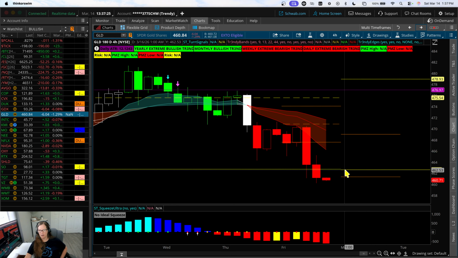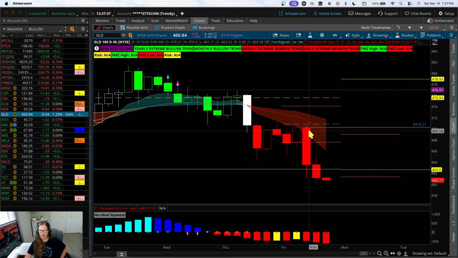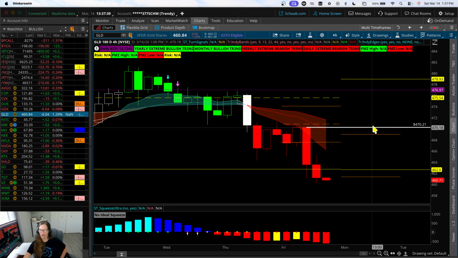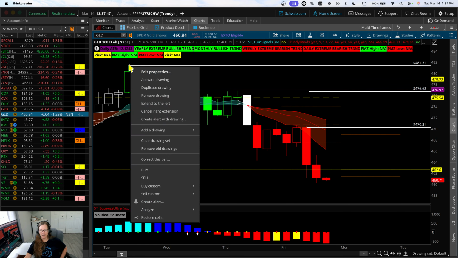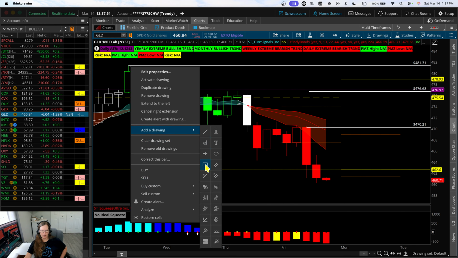So what I'm looking for this week is for price to reclaim the lower weekly edge. If I get the confirmation and reclaim of this lower weekly edge, then I'm looking to play gold up to 470 and ultimately 476 by 481. All right, that would be my target zone.